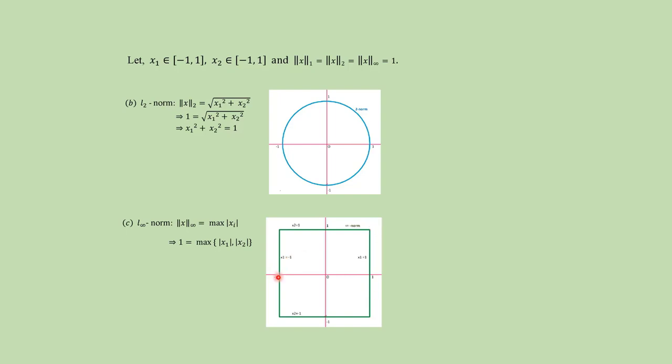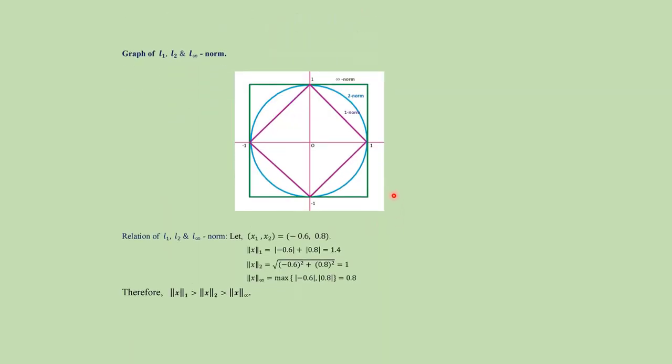For this line, x1 is -1 and x2 varies from -1 to +1. Similarly, for this straight line, x2 is +1 and x1 varies from -1 to +1. Now, if we sketch all of the norms together, then we will get this graph, where this one is the L1 norm, this one is the L2 norm, and that one is the L infinity norm.